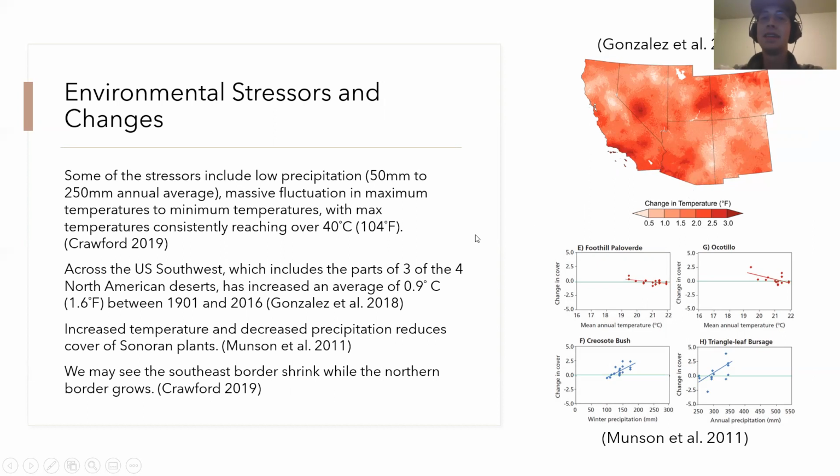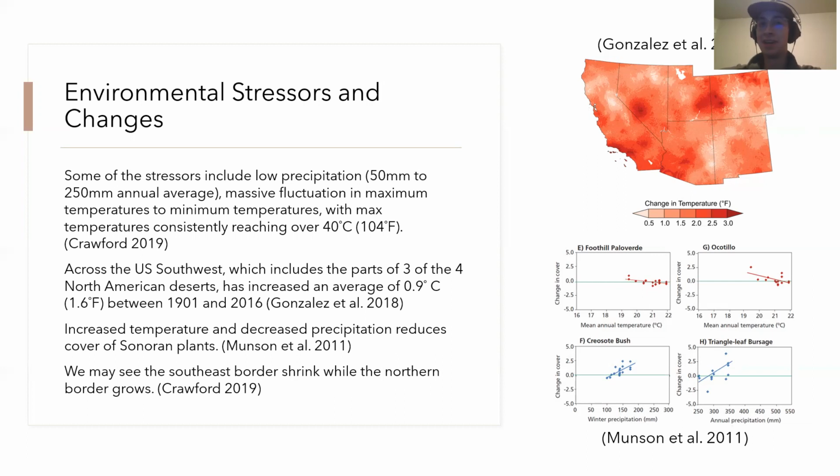But this area as a whole has increased an average of 0.9 degrees Celsius or 1.6 degrees Fahrenheit between 1901 and 2016, which is pretty significant on that scale for that amount of time.